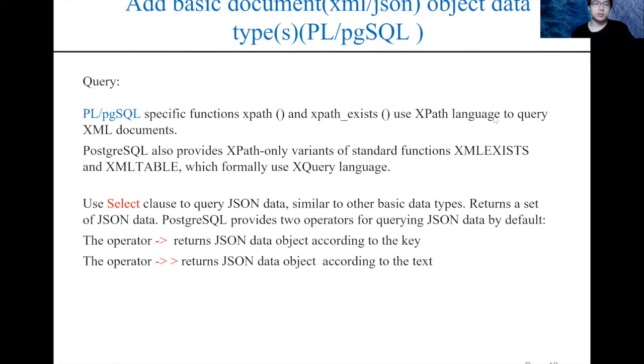The first operator returns a JSON data object according to the key. And the next operator returns a JSON data object according to the text. The difference is they return results by key or by text.